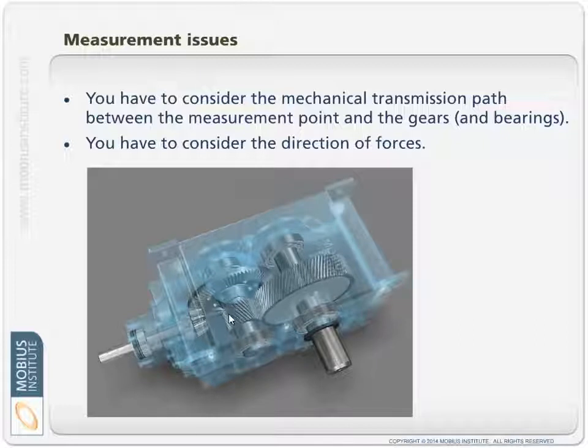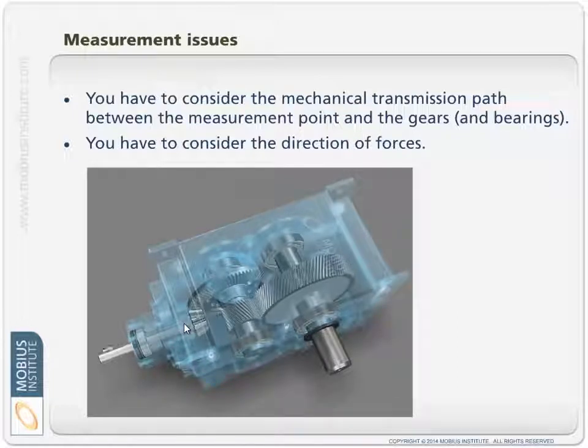But with gears, of course, there are the forces that we're trying to detect inside the gearbox. So how is that vibration, which will change as the gear teeth deteriorate, or if there's any eccentricity and misalignment or anything, going to transmit to the available measurement points?